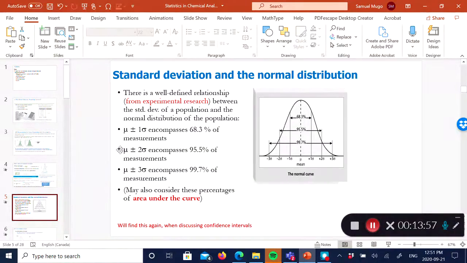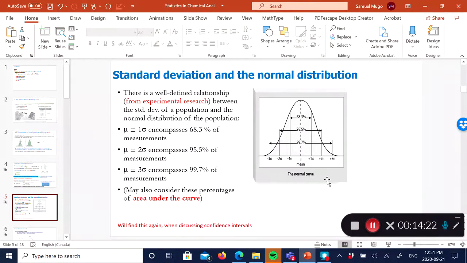On the other hand, mu plus minus 2 sigma, that's the standard deviation, encompasses up to 95 percent of the area under that peak. And mu plus minus 3 sigma entails nearly 100% of the area under that peak.